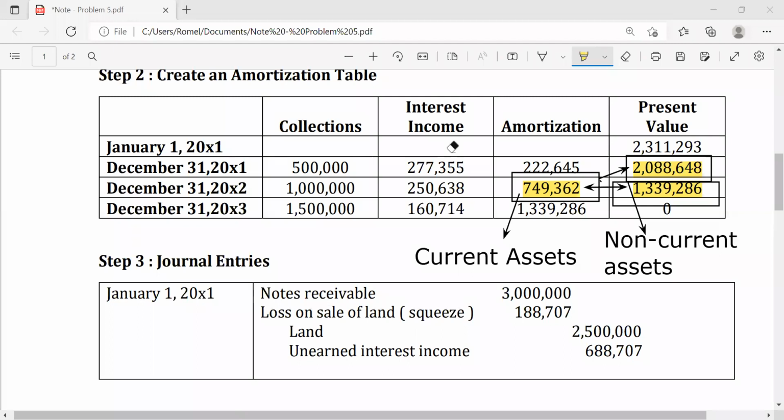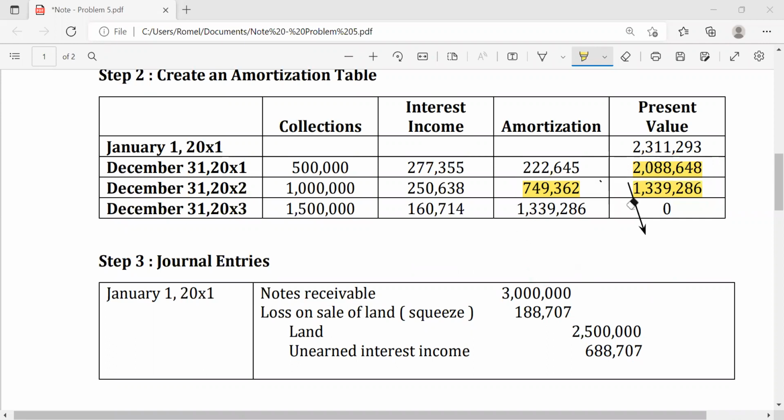Just in case you are curious, what if we are preparing the financial statements for December 31, 20x2? What if we're making the FS for 20x2? How much is the current portion? How much is the non-current portion?